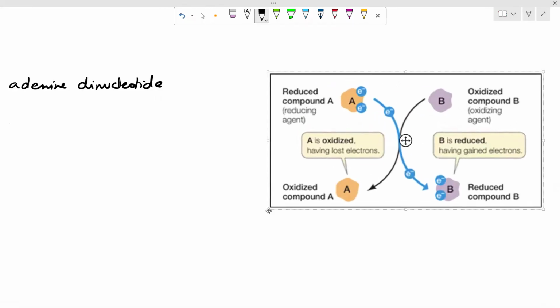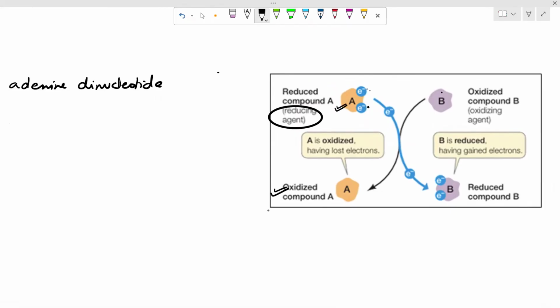See here, suppose this compound is there, A, okay? This compound, if it is losing the electron, it means it is getting oxidized, but it is giving the electron to someone else, so it is working as a reducing agent. Is it clear? It works as a reducing agent because it gives its electron to someone else.